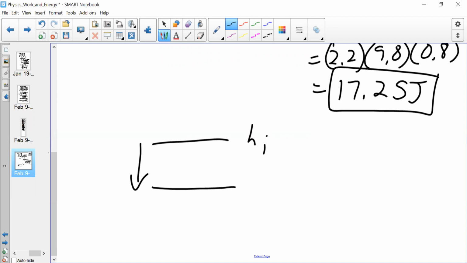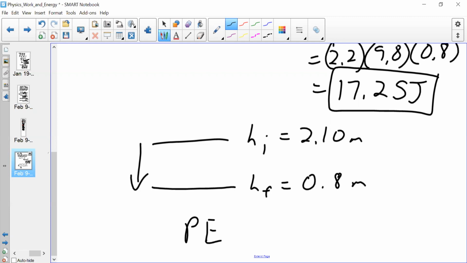So h initial is going to be 2.1, and the final position is going to be 0.8. So the potential energy is going to have a so-called negative height, or we're just going down, all right? So we're changing the position from the top to the desk there.